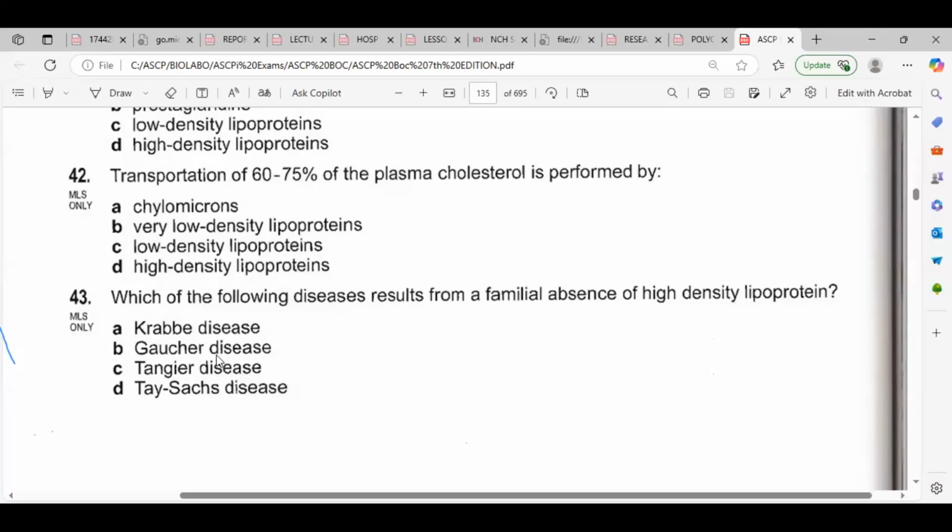Yes, hypoalpha lipoproteinemia, because it is because of ApoA-containing lipoprotein, which is HDL. So it is called Tangier disease. You will also see it especially when someone has maybe less than 3 milligrams per deciliter of HDL in the blood. Those people are suffering from Tangier disease. Okay.